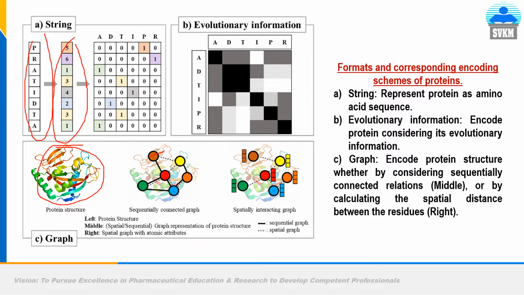These are the amino acids, and these are the feature vectors. This elongated structure shows the feature of this particular node or vertex or amino acid with reference to its neighborhood also. So the graph here encodes protein structure, either by considering sequentially connected relations, as in the middle, or by calculating the spatial distances between the residues.